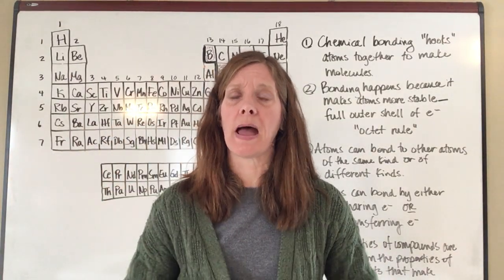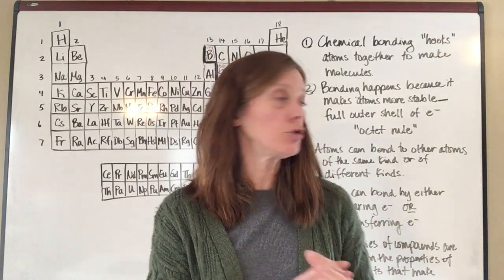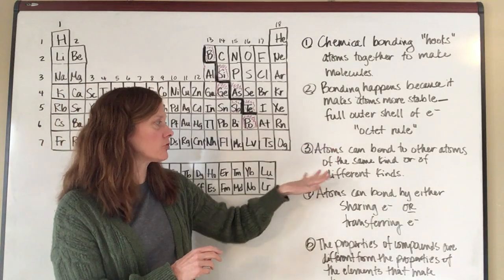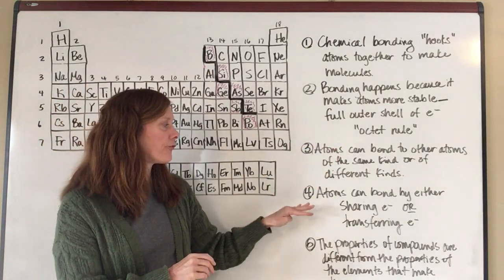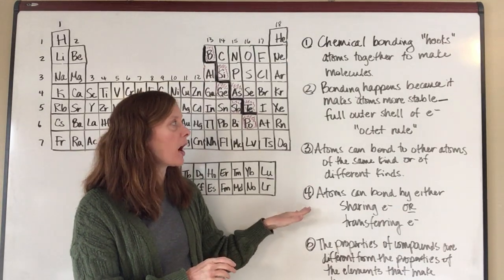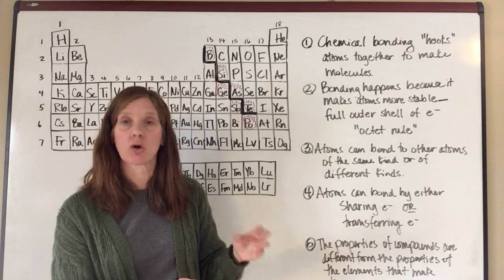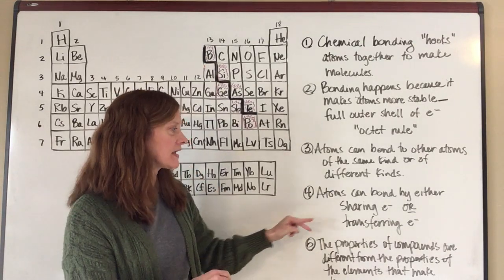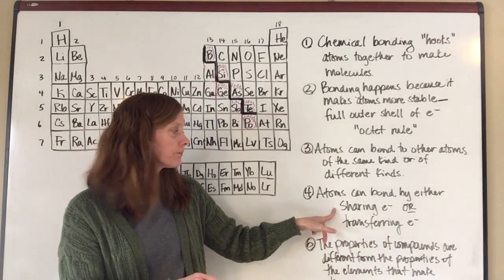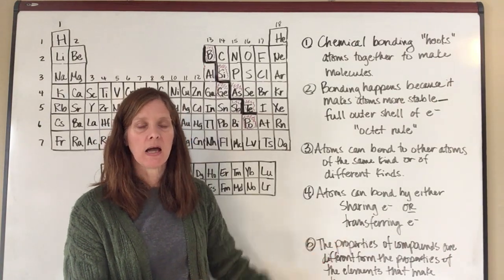And so we have several elements that will bond to themselves in order to achieve this full outer shell of electrons. So fourth big idea is that atoms can achieve this full outer shell of electrons in one of 2 ways. They can either share electrons or they can transfer electrons among themselves.